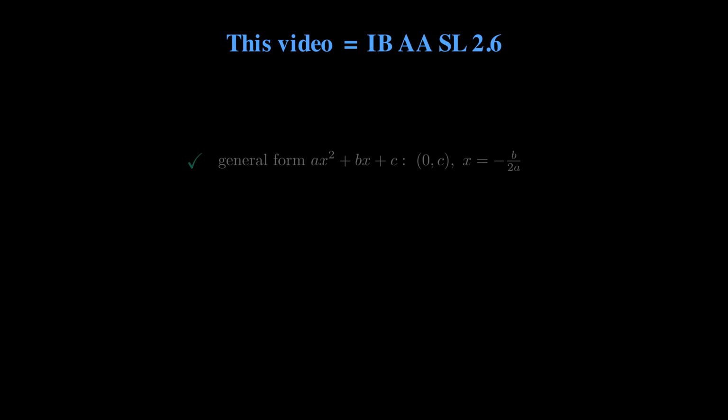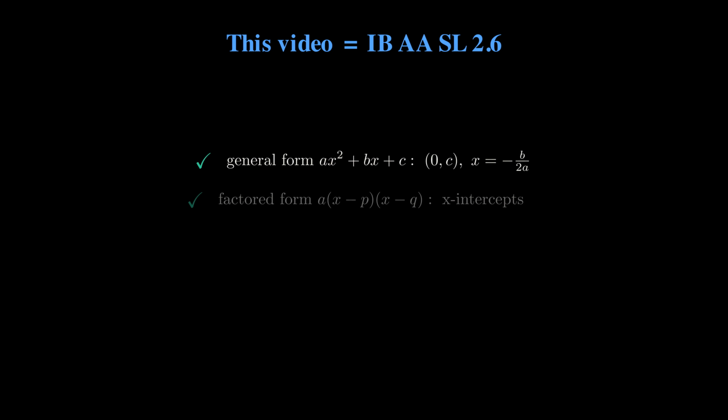Here's exactly what this covers, straight from your syllabus. IB analysis and approaches, standard level 2.6. The general form, ax²+bx+c, where you read off the y-intercept and the axis of symmetry. The factored form, where the x-intercepts fall out.